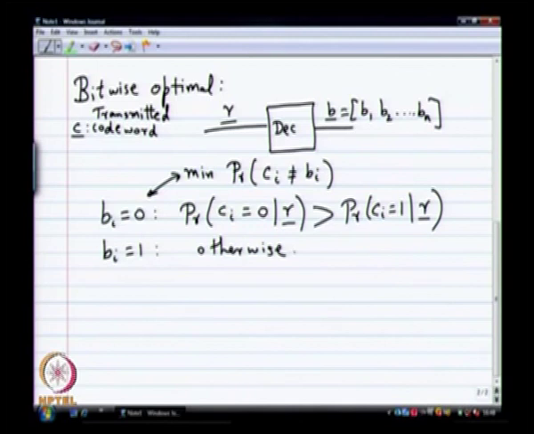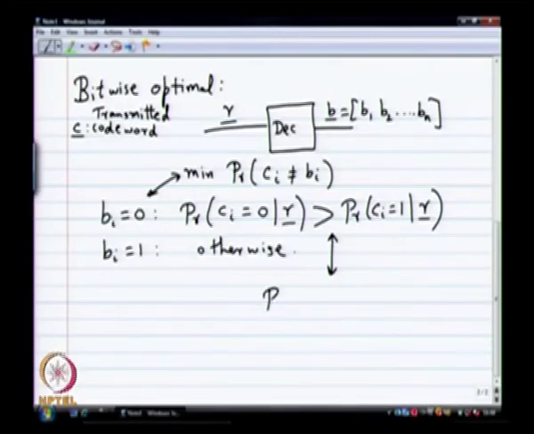And then we modified this rule. We looked at several equivalent ways of doing it. One thing I claimed was this is the same as the probability that Ci equals 0 given R is greater than half. That is a very easy thing to see.